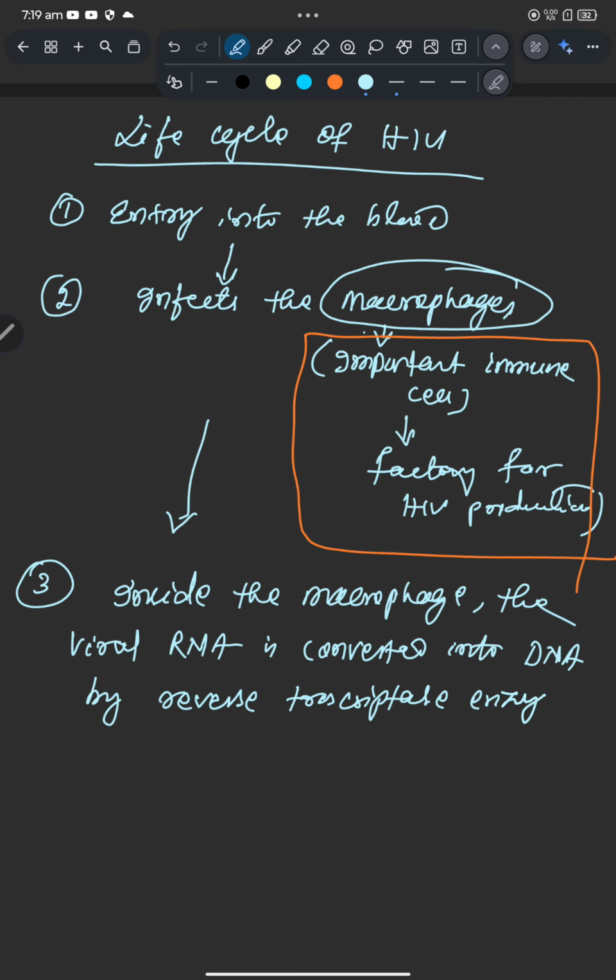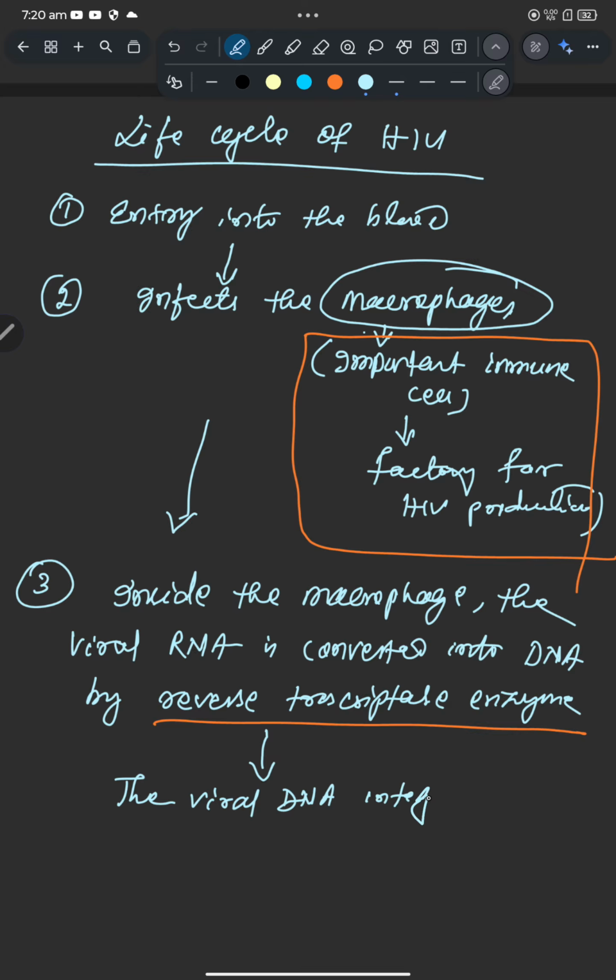Very, very important. What is this enzyme? Reverse transcriptase. Now, this DNA is the viral DNA. The viral DNA integrates into the host cell DNA. I'll show you the diagram, don't worry.